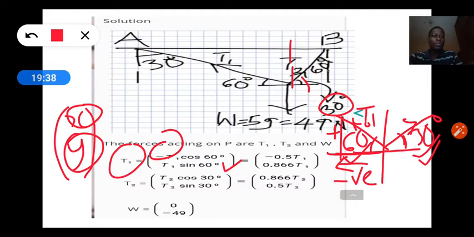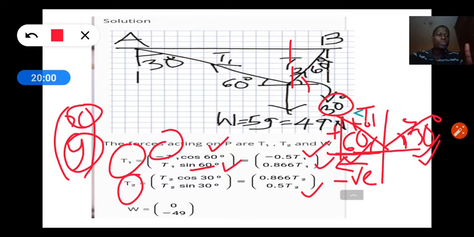So if I simplify all of that, cos 60 degrees is 0.5, so with that negative, I have this. Here, sin 60 degrees is 0.8660 times the T1, I have this. The same thing, if I simplify my T2, I have this.